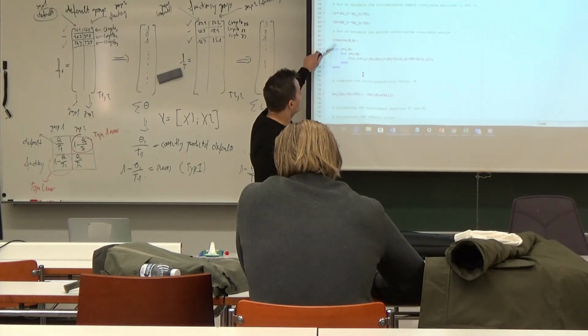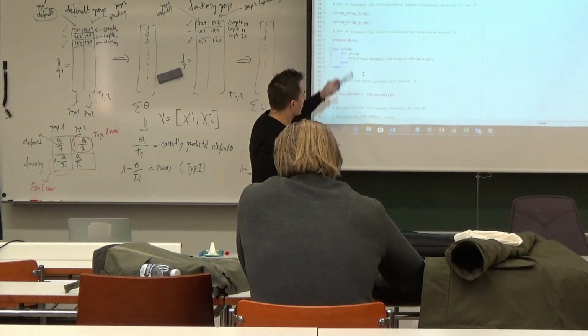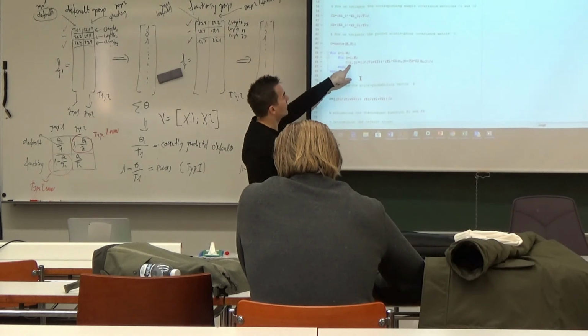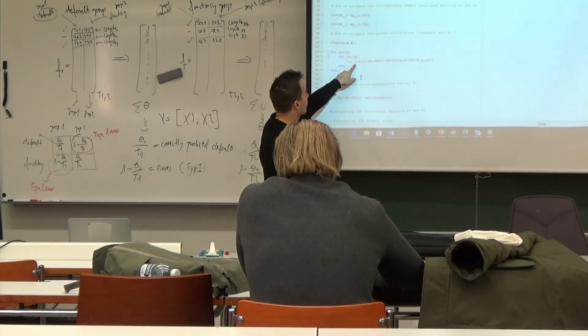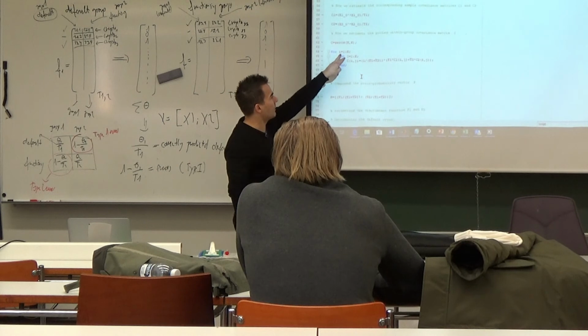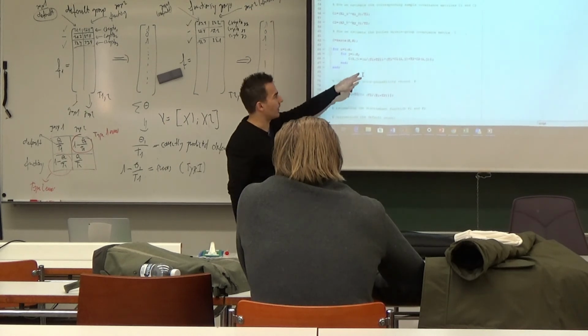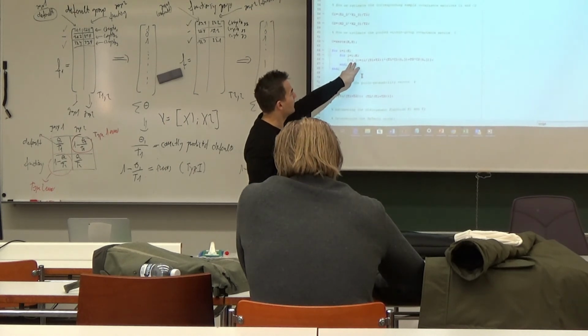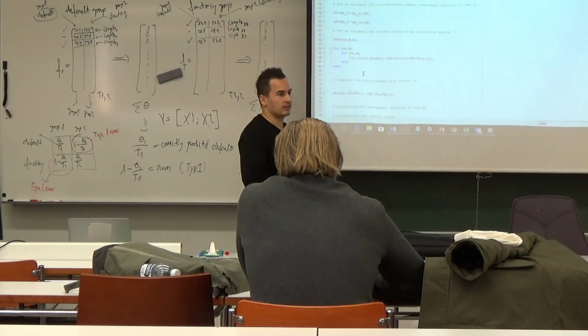So we have 2 for loops, from i is 1 to k and j is 1 to k. It doesn't really matter, we could also change it. We could write first j is 1 to k and then i is 1 to k and leave the rest as it is, and what comes out is exactly the same.